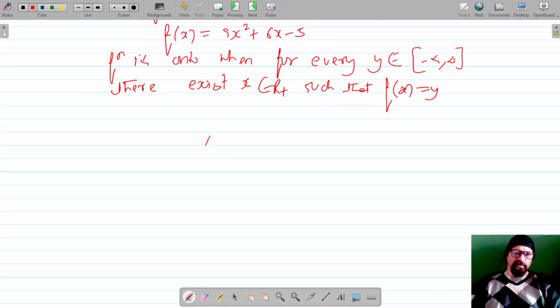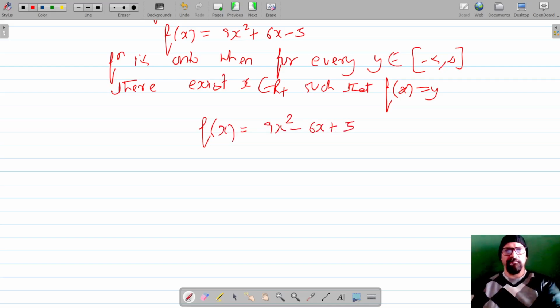Now our function is f of x equal to 9x squared plus 6x minus 5. This is our function, and f of x means this is y, so y is equal to this quadratic expression.